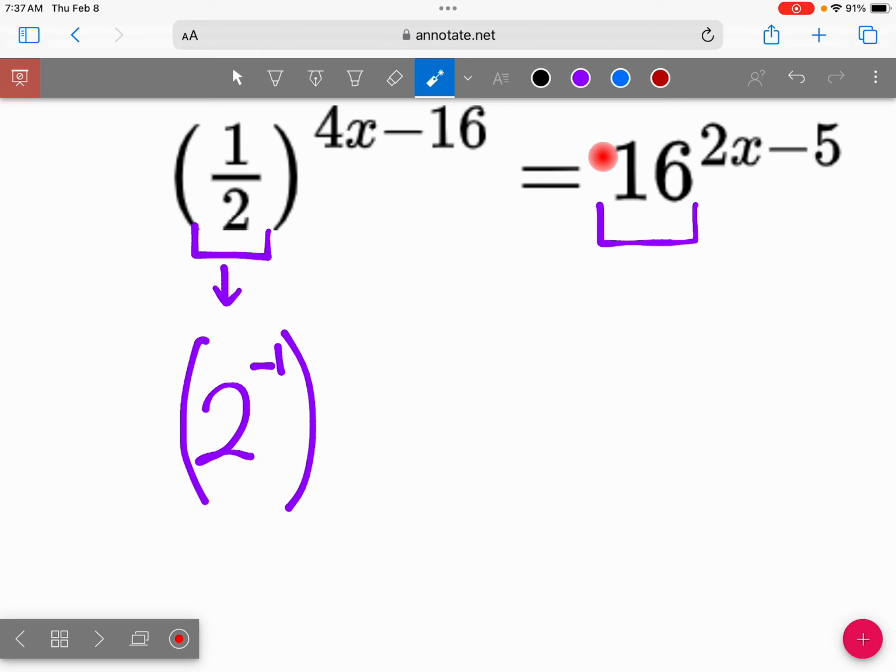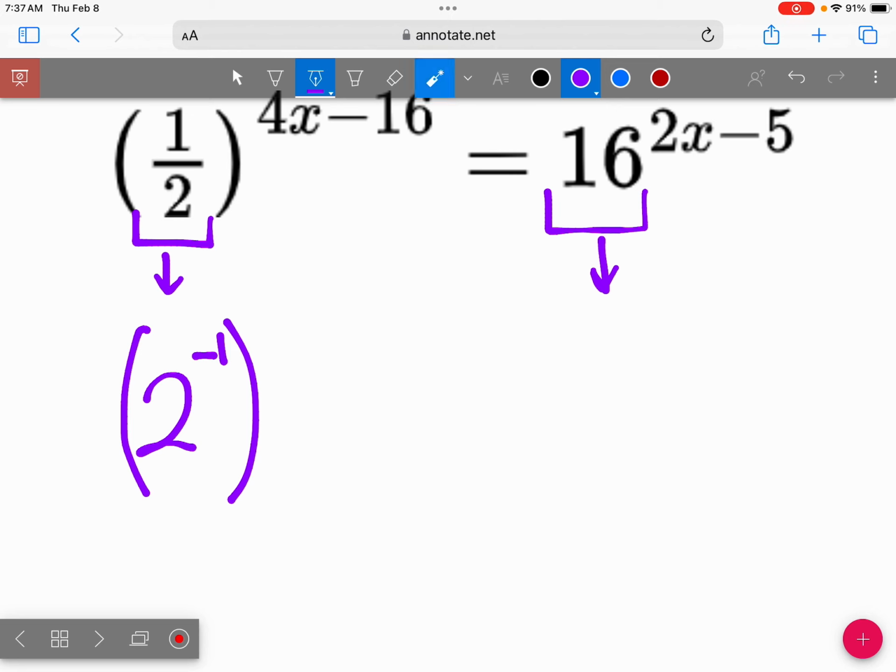So how can I rewrite 16? Can I make it have this base? 2 to the what? To the 4. Because all I need is 2 to the what is 16. So change both of our bases to have the same base.